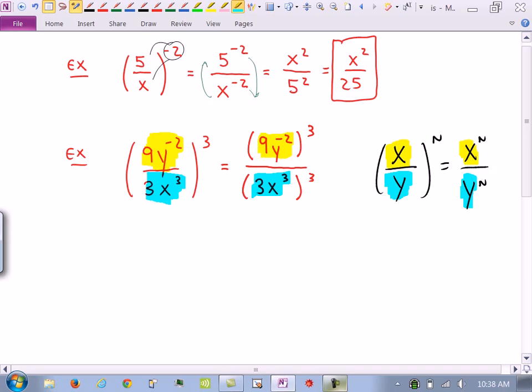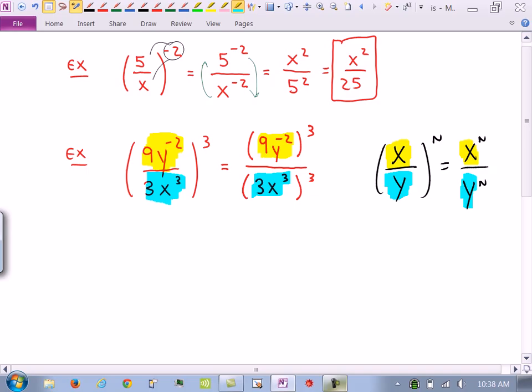Okay. Now just take a breath. The numerator, forget the denominator. Numerator, what property is that? That's a product here, isn't it? To a power. It's two things being multiplied to a power. So how do we deal with products to powers?